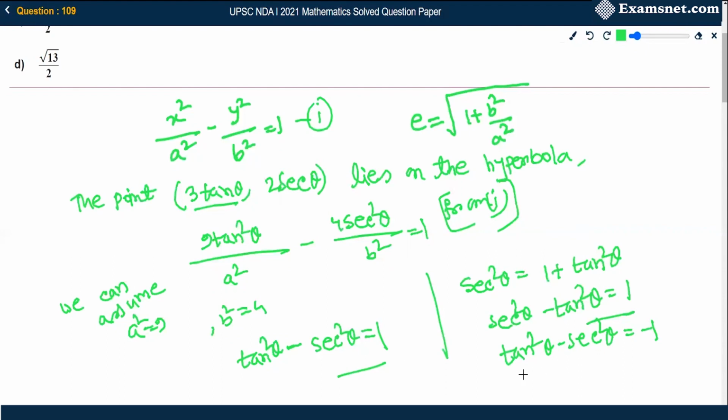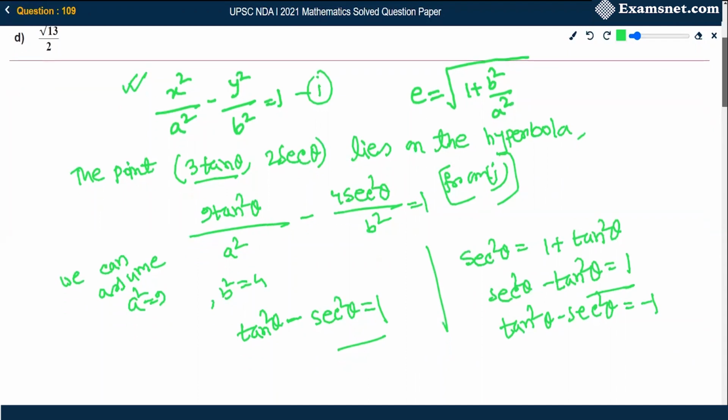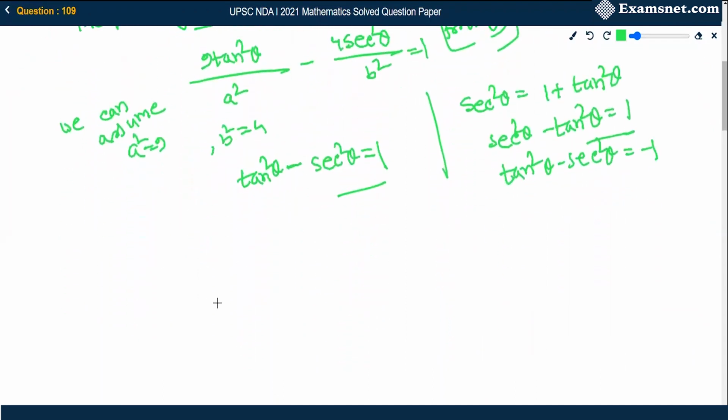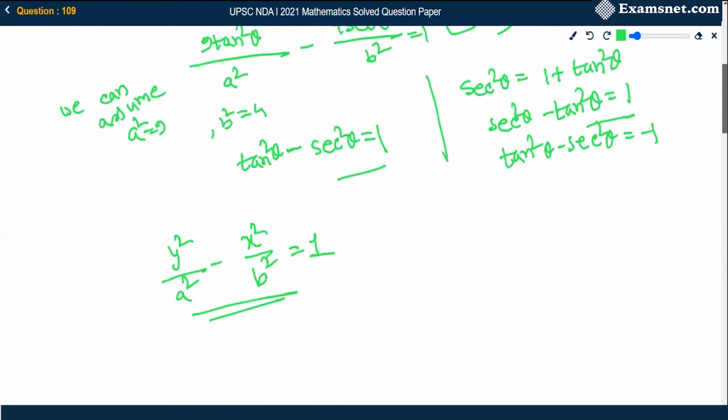So these are not matching. That means the particular hyperbola they are talking about is not this type of hyperbola. So the other general equation of a hyperbola is y square by a square minus x square by b square equals 1. This is the general form they are referring to here.